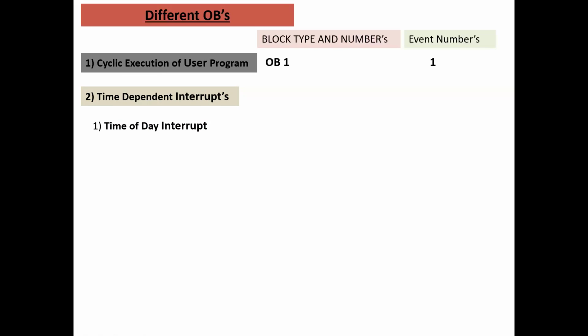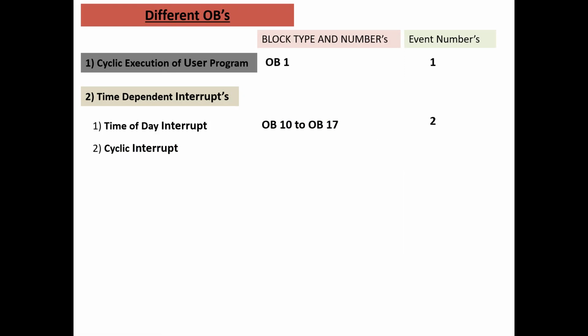Interrupt means it is holding your program, stopping your main program, which is in OB1. These OBs range between OB number 10 to OB number 17 only, and they have the event number 2. Another OB group is cyclic interrupt OB.